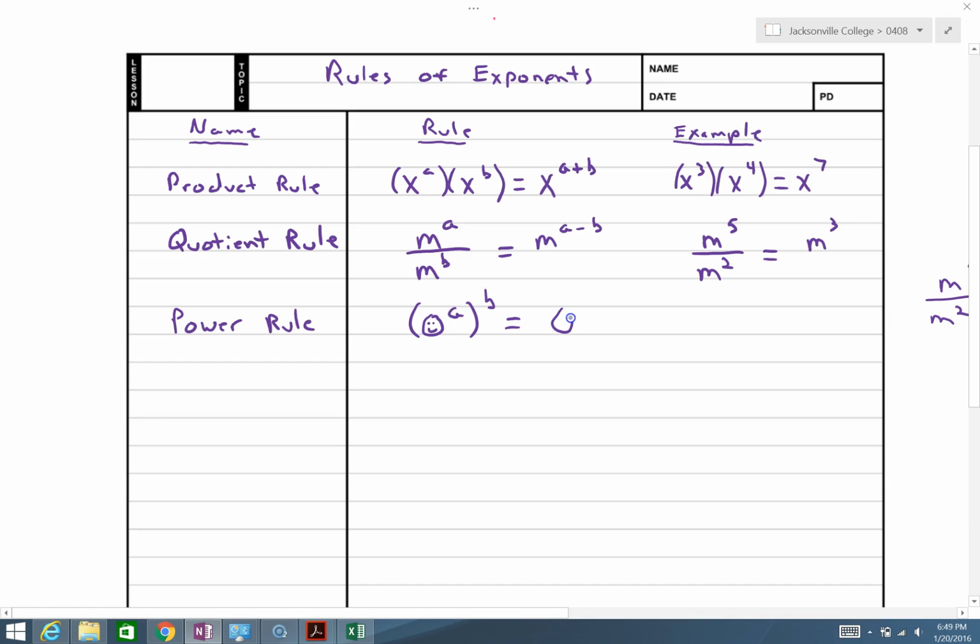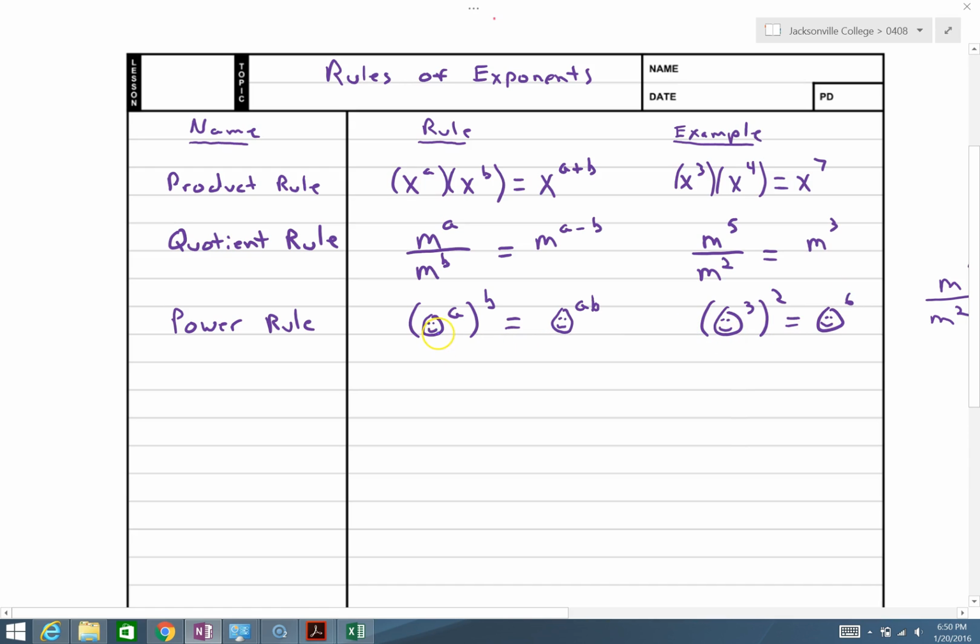This becomes smiley face to the a times b. I could put a little dot in here, but it's going to connect because in algebra connected means multiplied. This is smiley face to the ab. All right, for example, if I have smiley face to the third and I square that, that is equal to smiley face to the sixth.